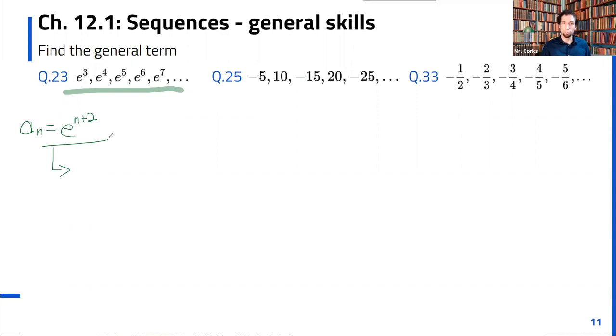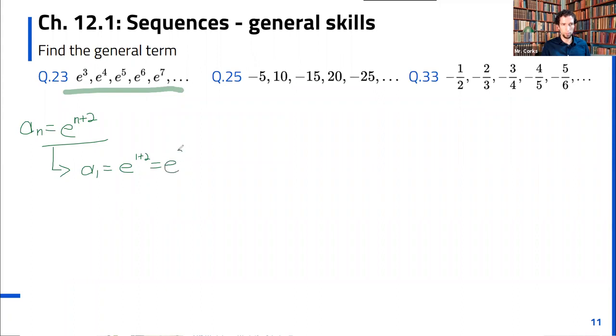Okay, so we'll just try a few. The sequence is telling us A1 is this, A3 is this, A4 is this, etc. So let's use our general term and calculate a few of those and see if we got it right or not. So A1 would be equal to E to the exponent n plus 2, and n is 1 here, so 1 plus 2.